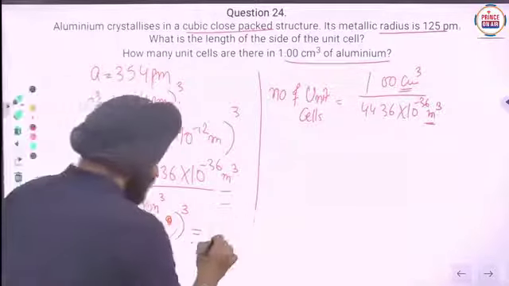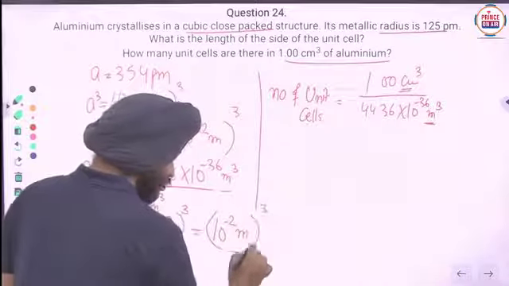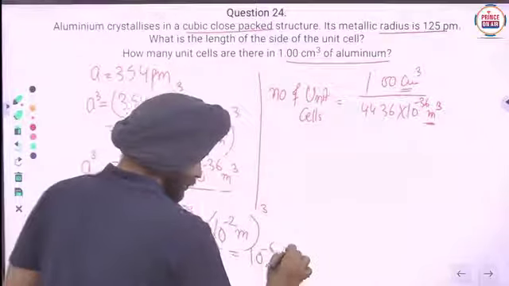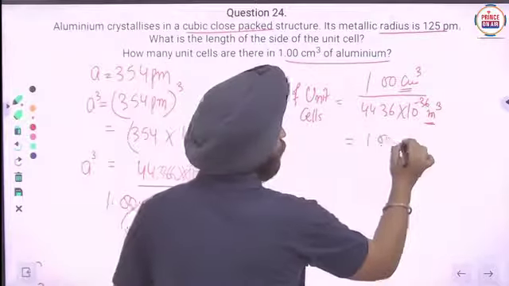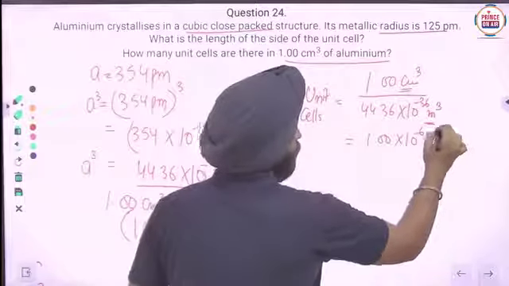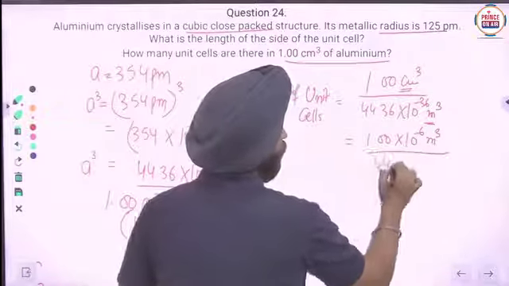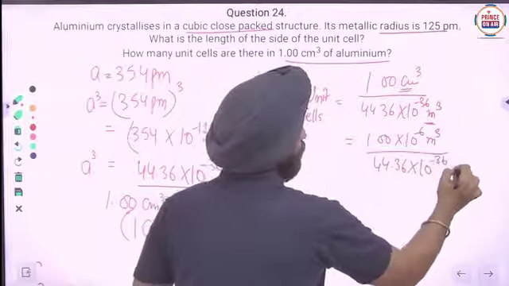That is 10 raised power minus 2 meter. So, it will come out to be 10 raised power minus 6 cubic meter. So, I can write it as 1.00 into 10 raised power minus 6 cubic meter upon 44.36 into 10 raised power minus 36 cubic meter.